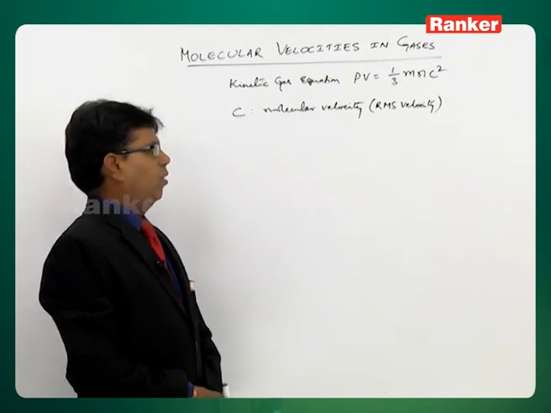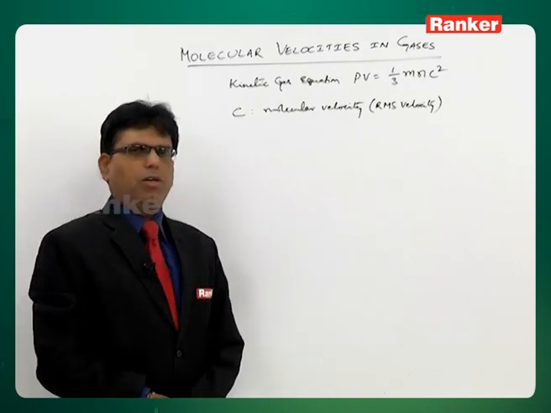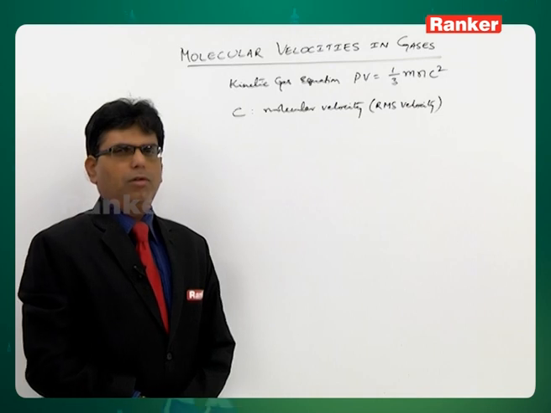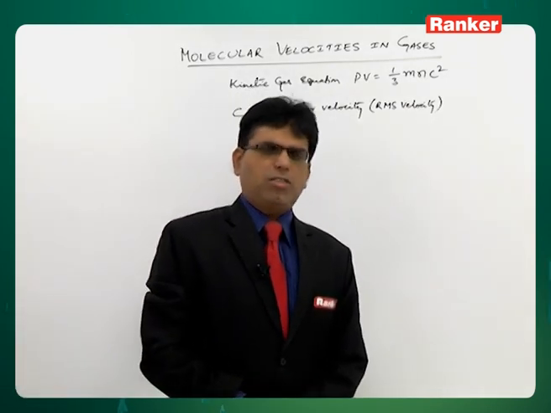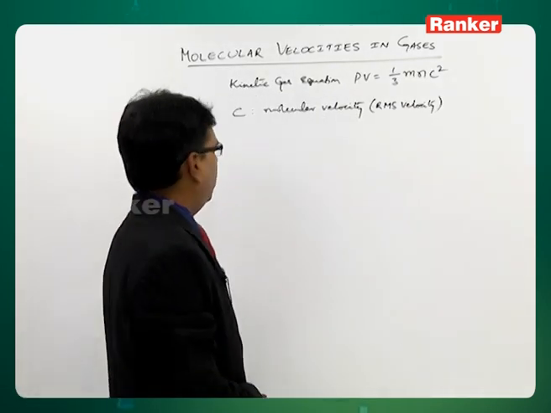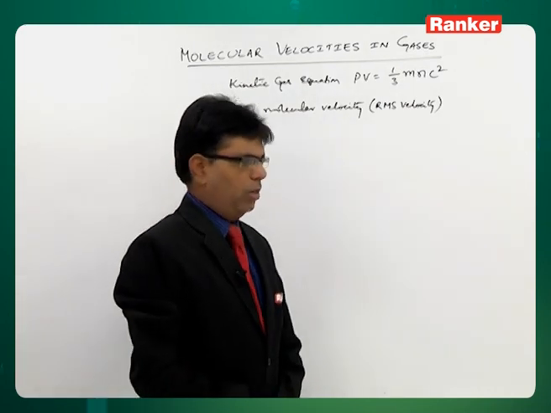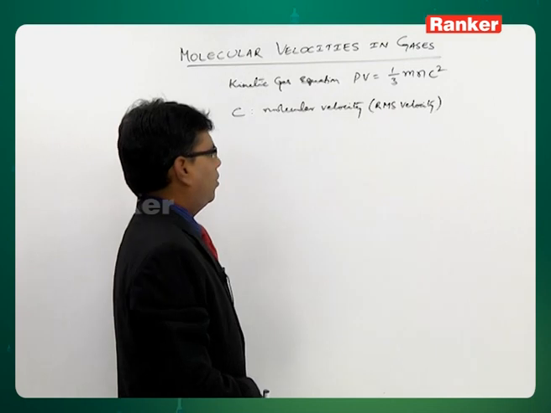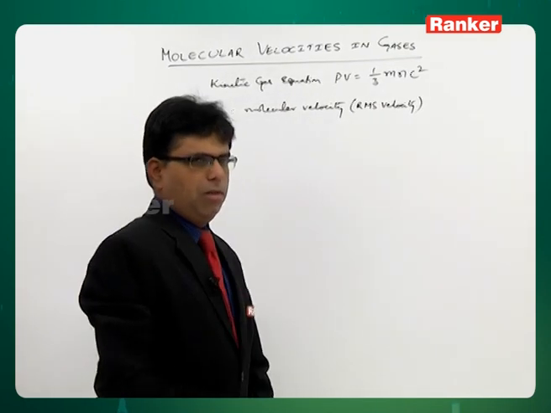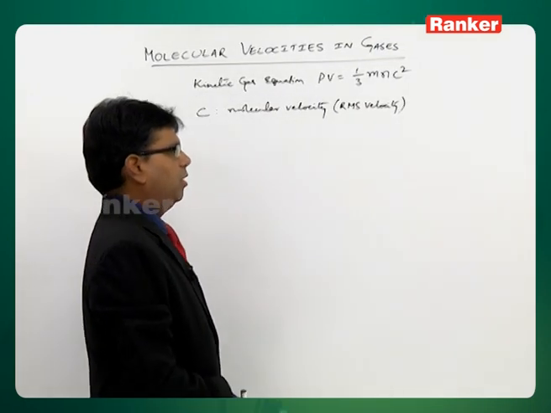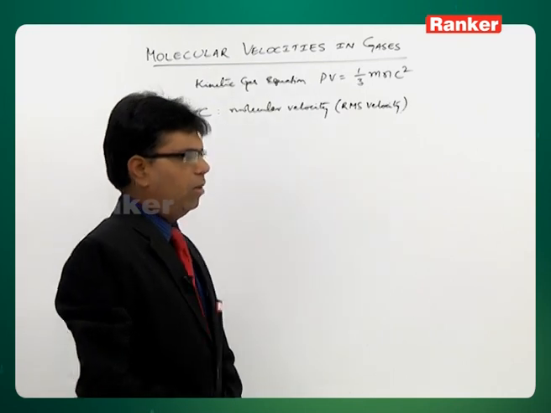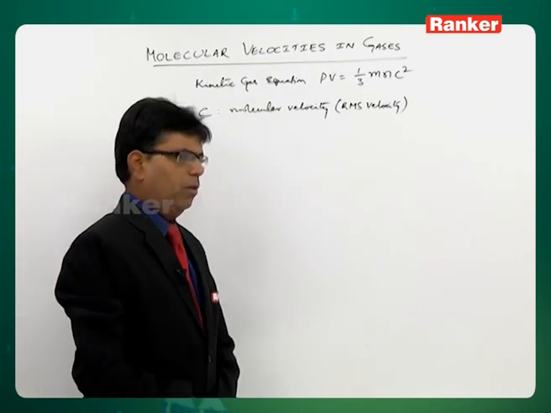What is RMS velocity? RMS velocity means root mean square velocity. What is root mean square velocity? First of all, how do we determine this molecular velocity is what we discuss now.